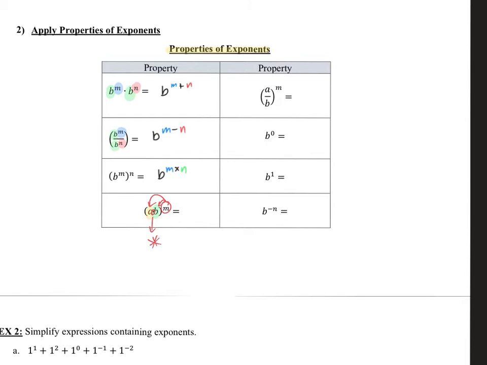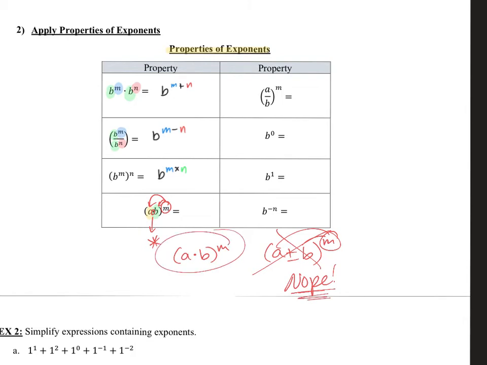Please note this. This is where a lot of students get confused. This works if we have multiplication, not if we have addition or subtraction. Okay? You cannot do that distributive rule with addition or subtraction. That is a big nope. Please do not do that. But it works if you have multiplication. Yay, happy teacher. Okay.